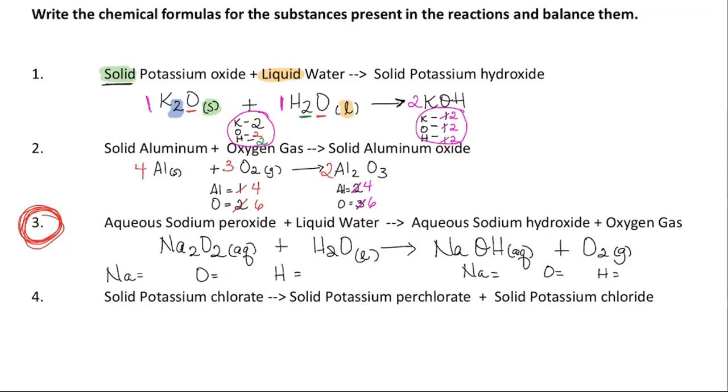So when I look at the reactants, I specifically have 2 sodiums, I have 3 oxygens, I have 2 hydrogens. In the product, I have 1 sodium, 1 hydrogen, 3 oxygens, okay? Put a 2 in the chat if you got the same numbers in the beginning when it comes to the number of atoms. Love to see those 2s.